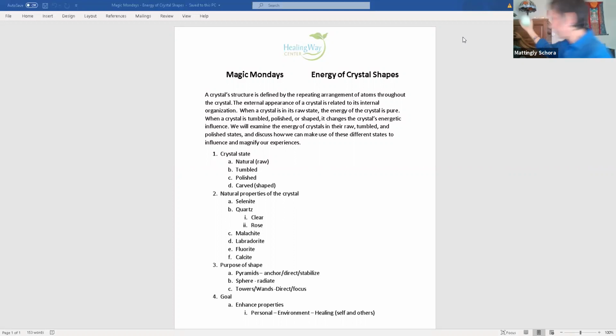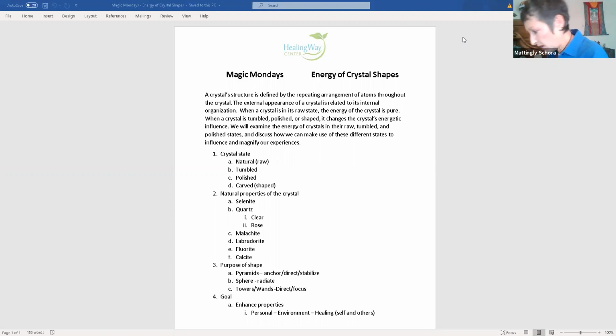And this is also a piece of green calcite, but it's pretty unusual because it's fluorescent. So it glows in the dark, and it's a sphere. I keep it near my altar. Okay, so those are the ones we have.